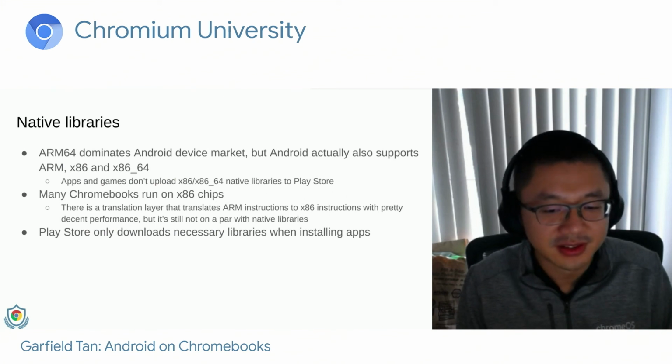So to provide the best performance, consider offering all four variants, which is ARM and x86 times 32-bit and 64-bit. Play Store only serves the necessary libraries to devices, so don't worry about download sizes.